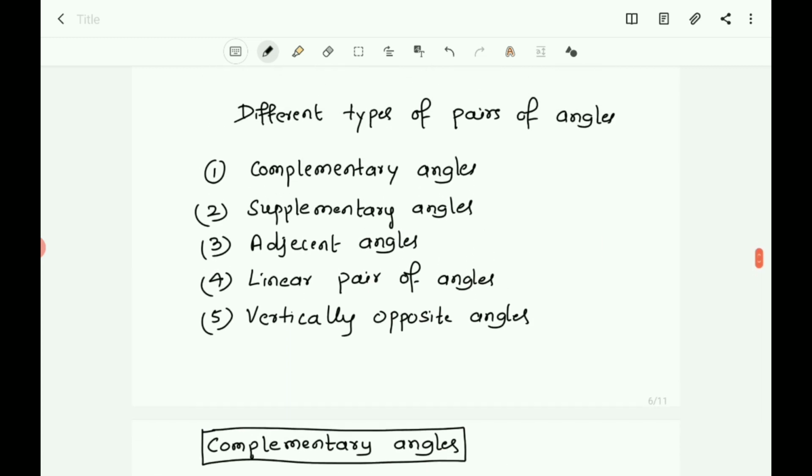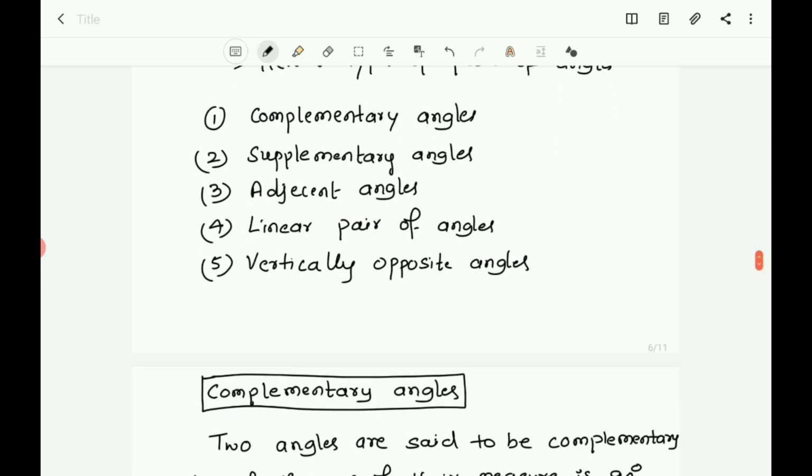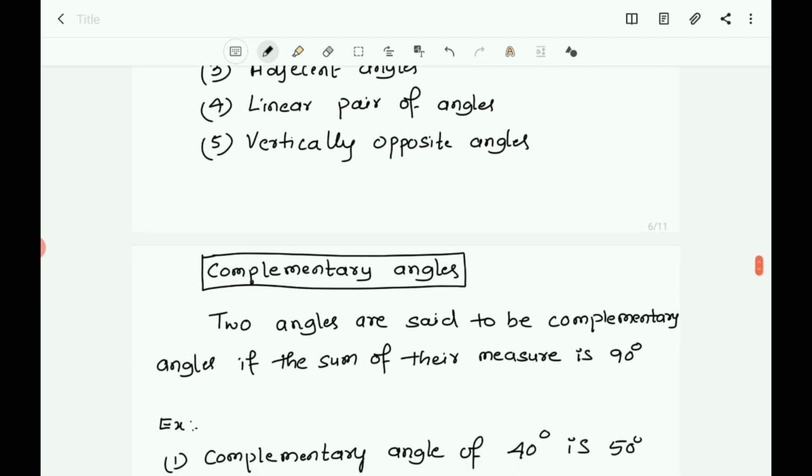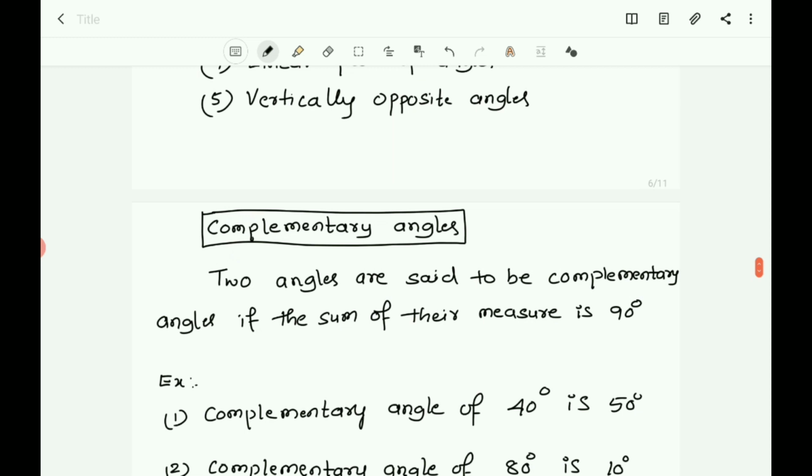Pairs of angles means there must be two angles. Two angles are said to be complementary angles if the sum of their measure is 90 degree.